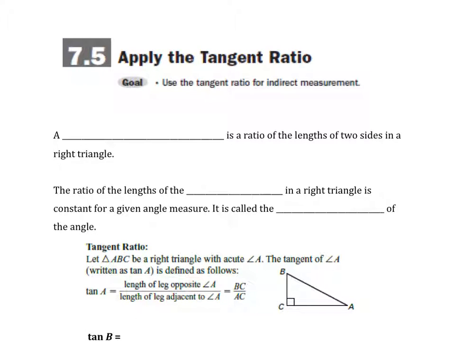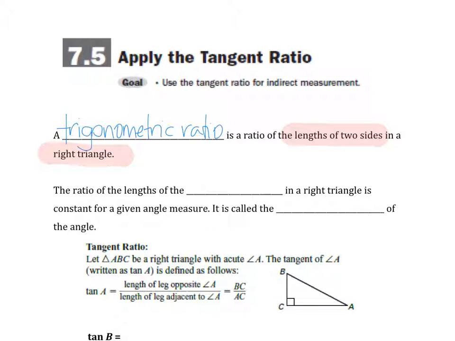Lesson 7.5, we're going to use a tangent ratio to find indirect measurements. A trigonometric ratio is a ratio of the lengths of two sides in a right triangle.